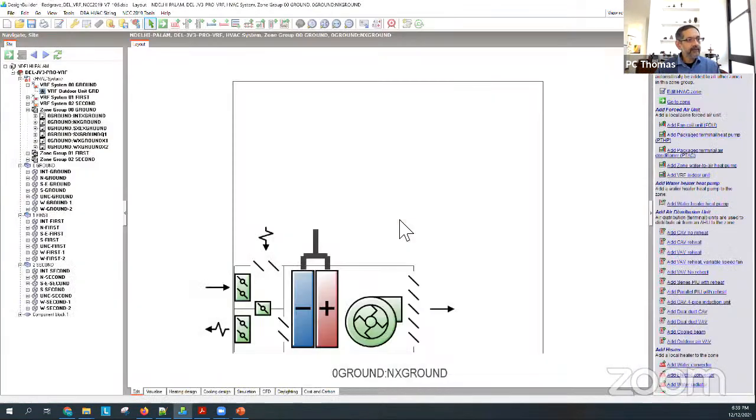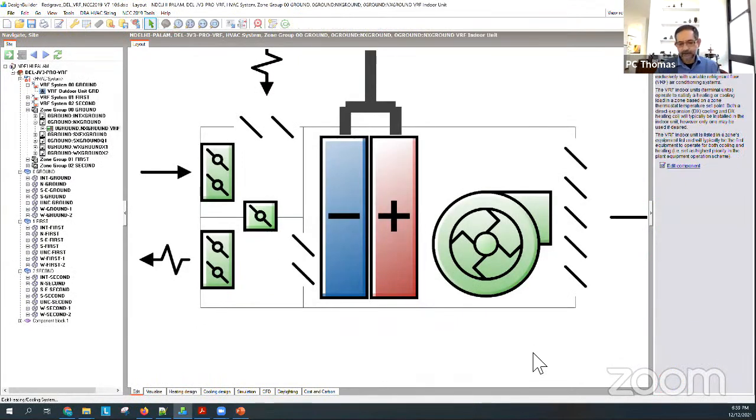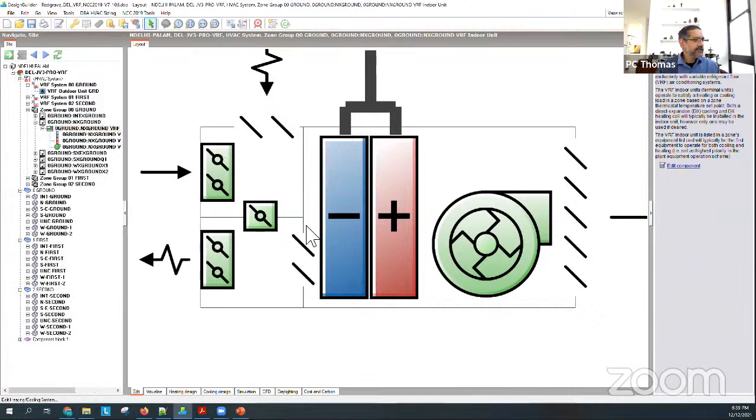If I go in one more level and I click inside the system itself, you can see it's coming into the VRF system itself, right? In this place, if you open that box up, you can see here it's representing all the components. There's a cooling coil, there's a heating coil, there's a fan, and there's a mixing box, okay?